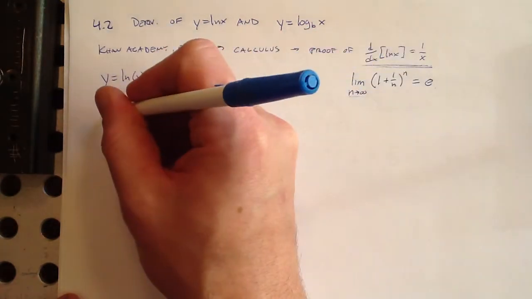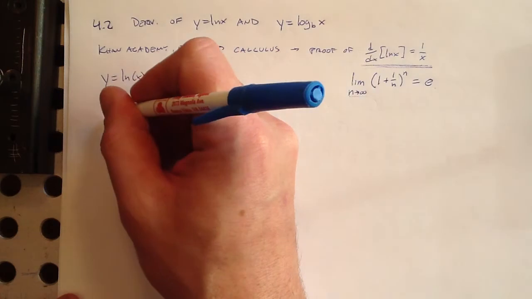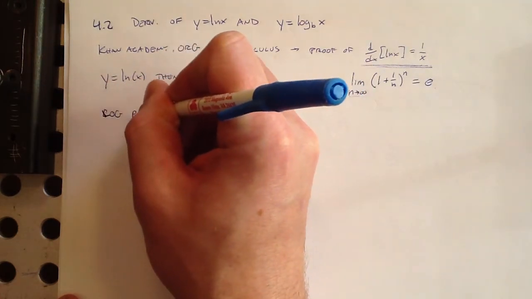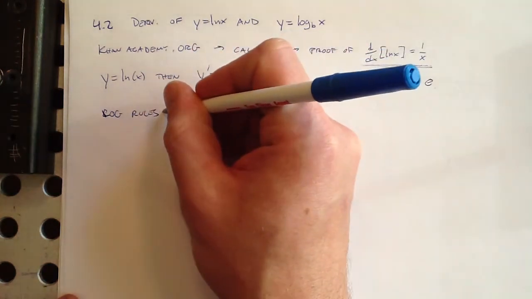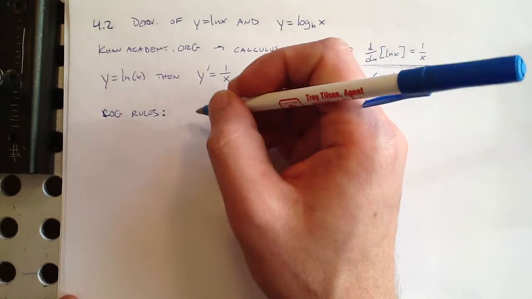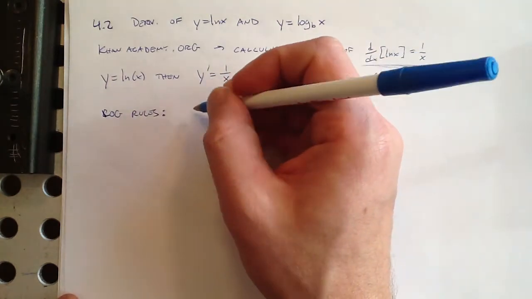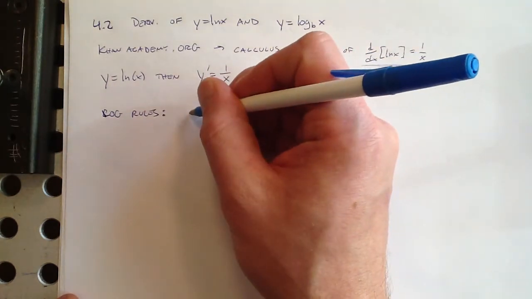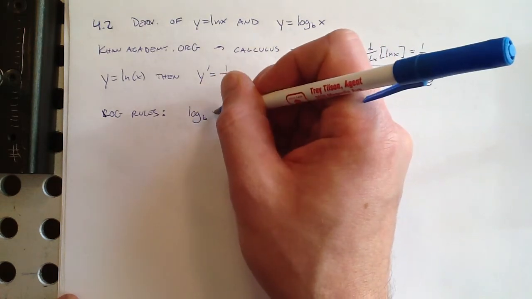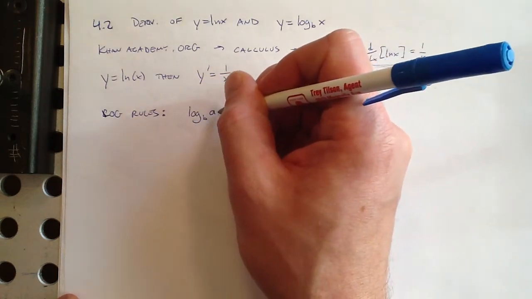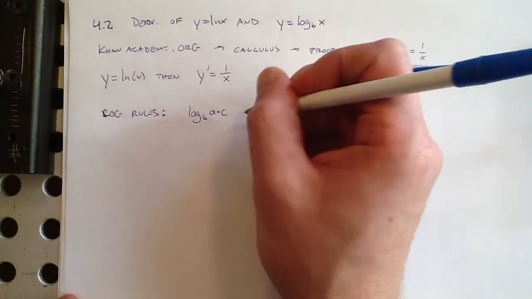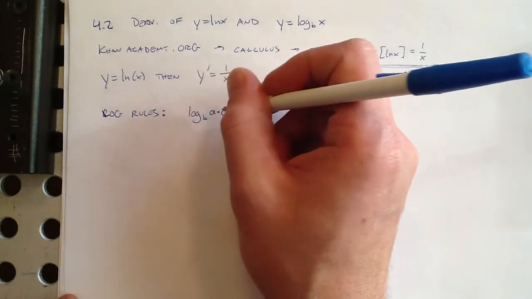But before we do that, let me remind you of some of your logarithm rules. There are really 4 of them that come into play here in various ways. First one: if you have the logarithm base b of a times c, you can break that up.